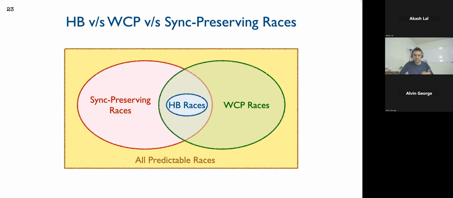But what I told Swanendu a little while back was that, in practice, in whatever experiments we did, it turned out that we could detect all such races using sync preserving. Have you come up with an artificial example at least, which can be detected by WCP, but not by sync preserving? I can talk about it towards the end, maybe. Even our paper has it. I think I have something in later parts of the talk as well. I might not be able to go through them, but we can talk about it a little later after the talk ends.